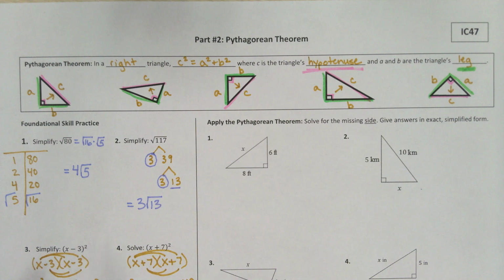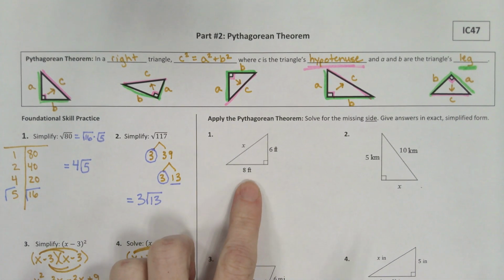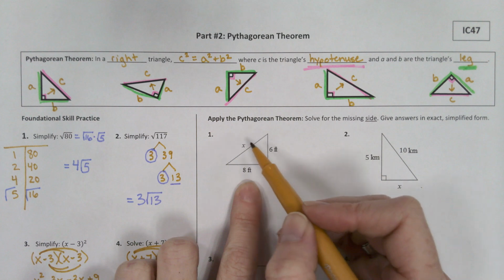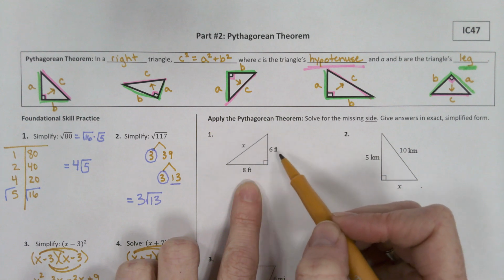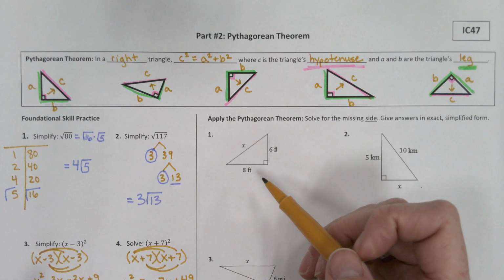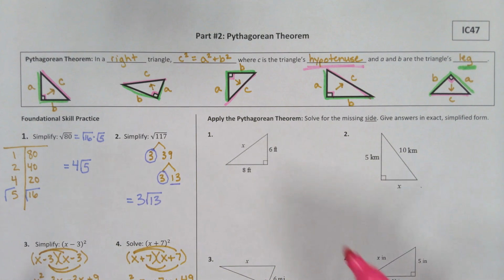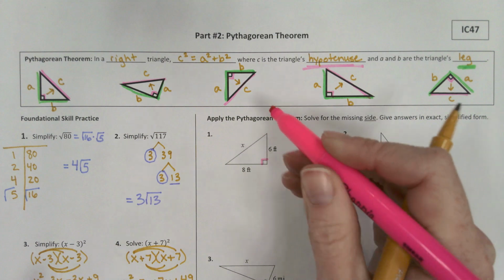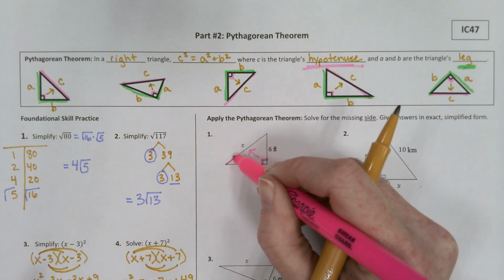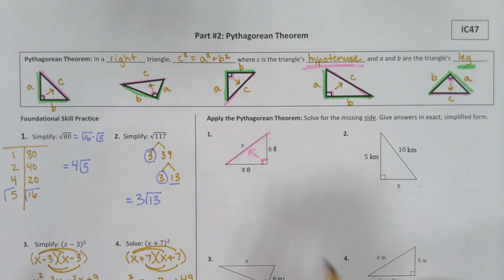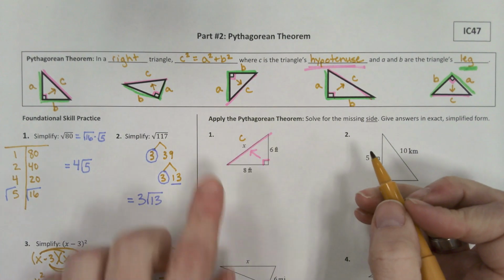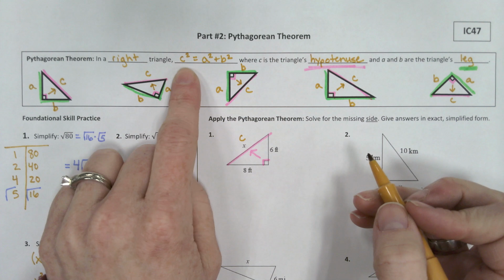So what we're going to use the Pythagorean theorem for is when we have a right triangle and we have information about all the sides, whether that's numerical information or variable information, we're going to be able to start by focusing on that right angle, traveling to that opposite side, which is what we're going to call C, and then filling out this equation by plugging everything in.